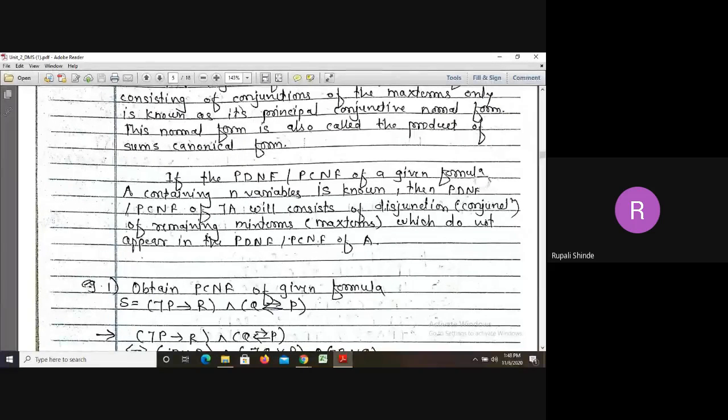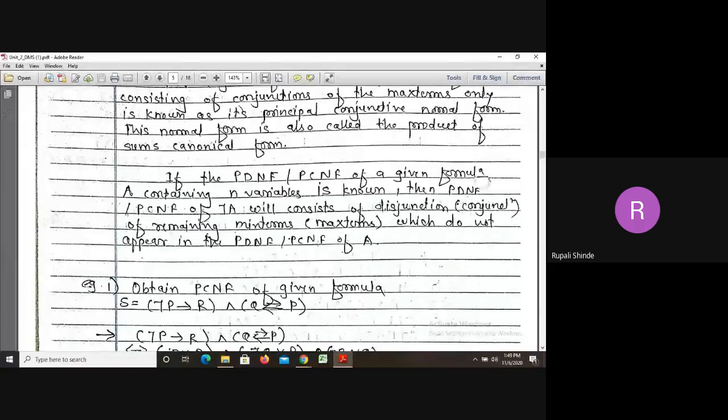म्हणजे काय, सपोज तुम्हाला एक फॉर्म्युला दिलाय, त्या फॉर्म्युलाचा तुम्ही PDNF काढलं आणि त्याच्यासाठीच तुम्हाला PCNF पण काढायचंय. तर तेव्हा काय करायचंय? PDNF मध्ये जे टर्म्स आहेत, सपोज तुमच्या फॉर्म्युलामध्ये 2 व्हेरिएबल्स आहेत, तर त्याचे पॉसिबल min terms किंवा max terms किती येणार आहेत? 4 येणार आहेत.